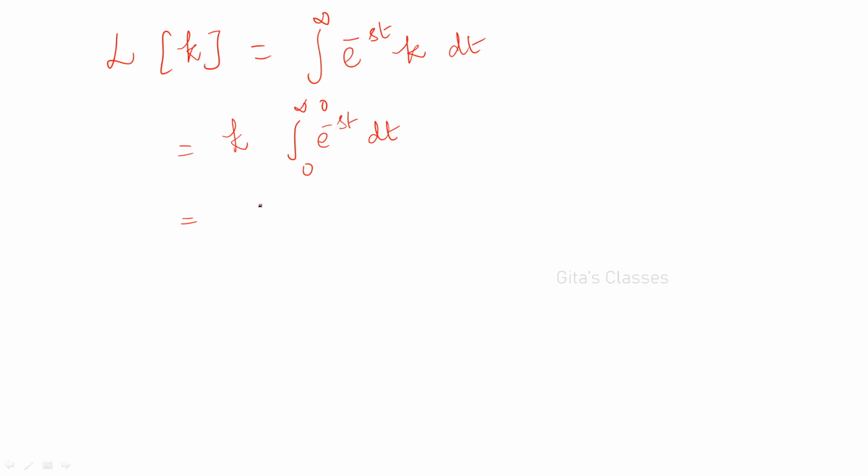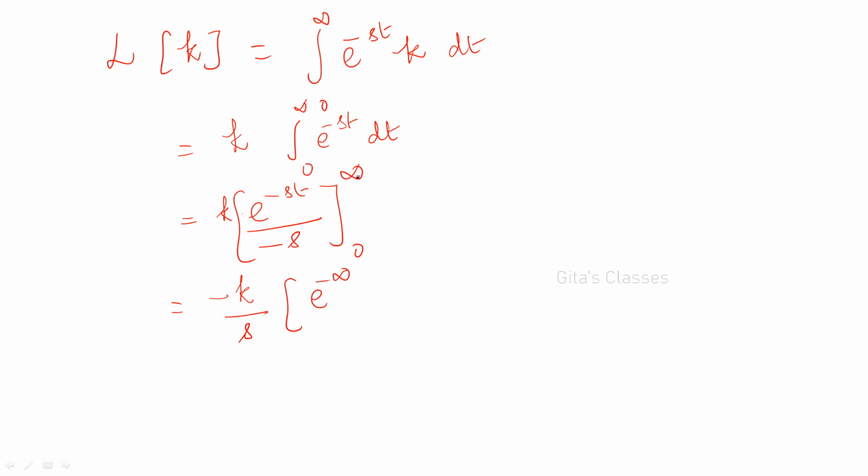What is the integral of e power minus st? K into e power minus st divided by, with respect to the variable t you are integrating, the coefficient, that is minus s, from 0 to infinity. Now minus s also I can take outside, so minus k by s into e power minus infinity minus e power 0.